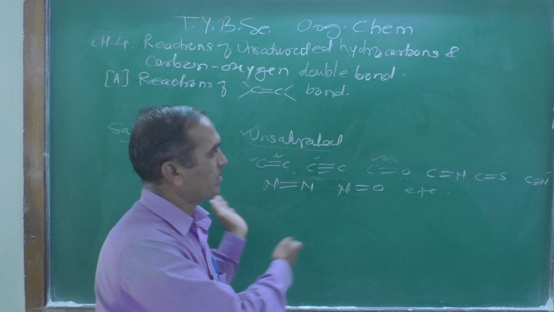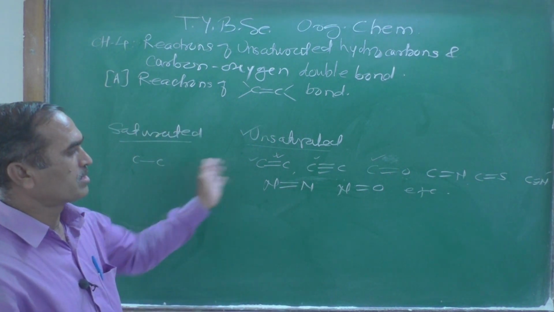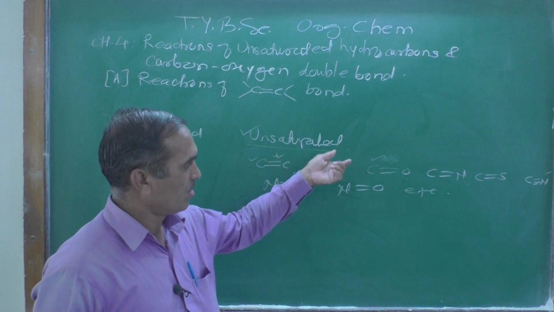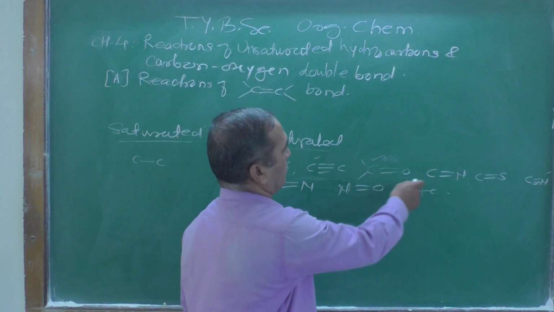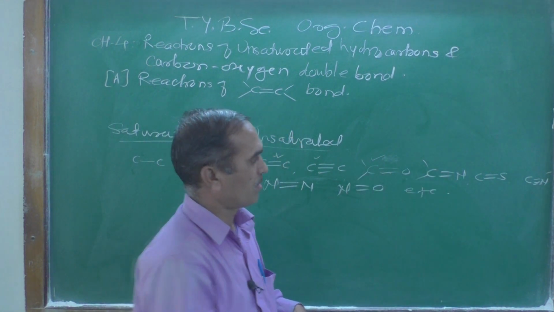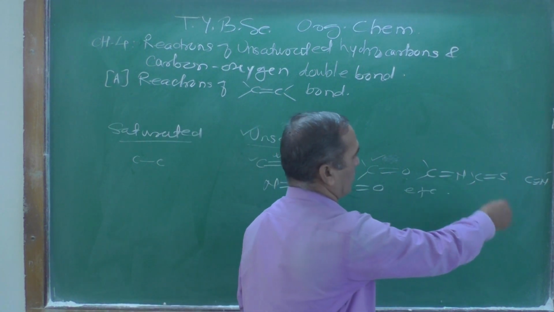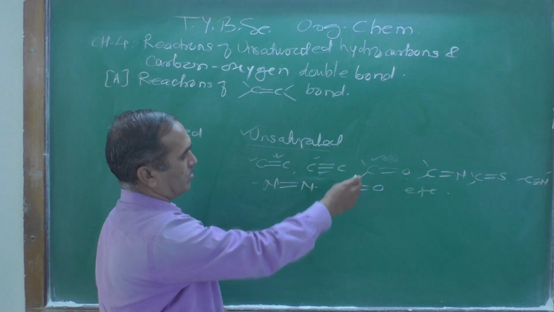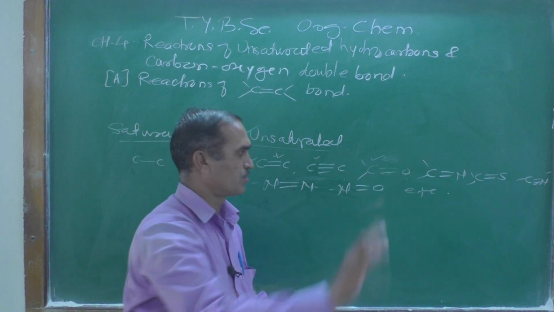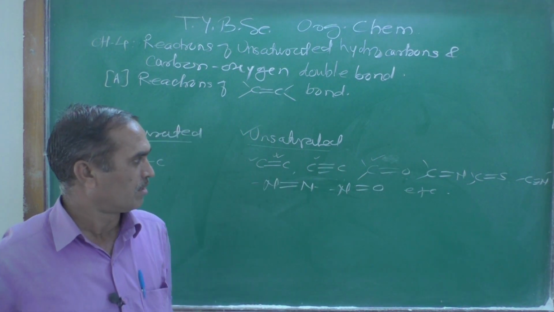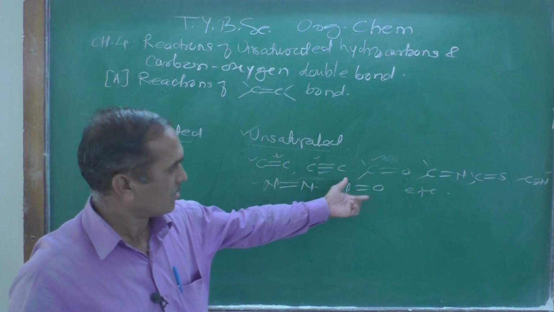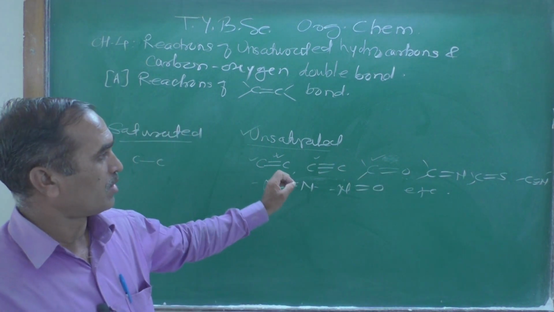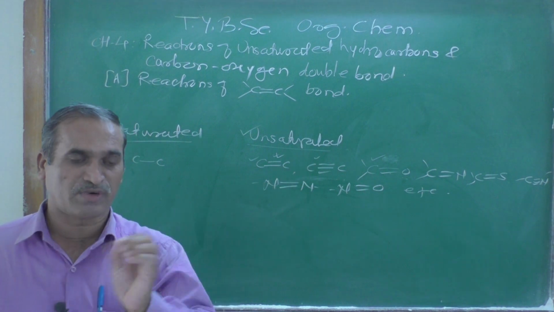Because if you look at here, there are so many unsaturated compounds: carbon-carbon double bond, carbon-carbon triple bond, carbon-oxygen double bond, then carbon-nitrogen double bond, carbon-sulfur double bond, then a cyanide group, nitrogen atom, nitronium ions. So these types of compounds are also known as functional groups.